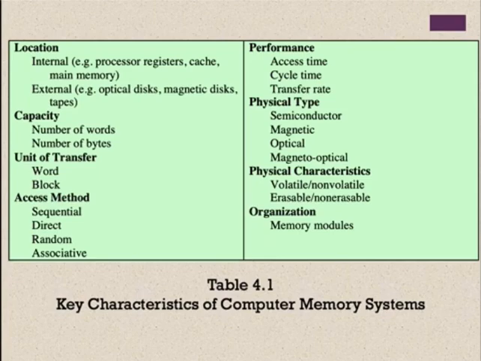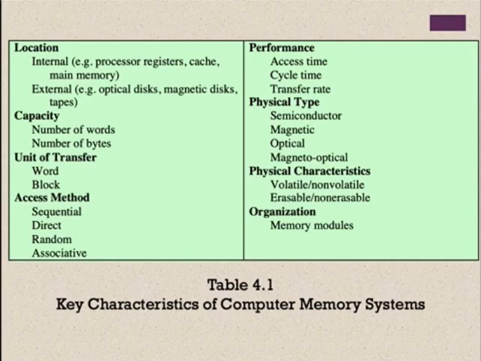For example, in Core i9 we have different levels of caches, like L1 cache, L2 cache, L3 cache. Then we have RAM, and these are connected in a hierarchical structure, or maybe a ring structure.